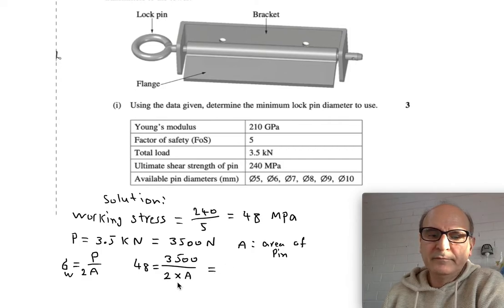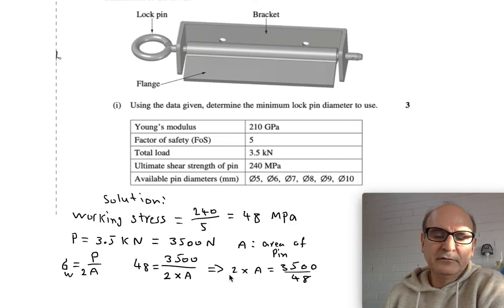From here, you can switch the place of 2 times A and 48. You get 2 times A is 3,500 divided by 48. And you can divide both sides by 2. You get 3,500 divided by 48 divided by 2.